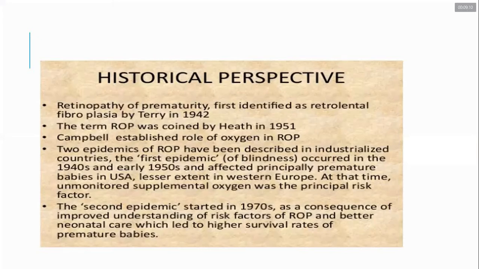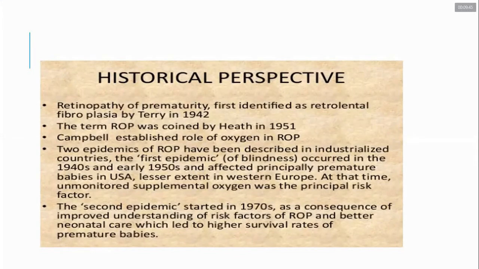The term ROP was coined by Heath in 1951, and Campbell established the role of oxygen in ROP. So two epidemics of ROP have been described in the industrialized countries. The first epidemic of blindness occurred in 1942 and the early 1950s, and affected principally premature babies in the USA, and to a lesser extent in Western Europe. At that time, unmonitored supplementary oxygen was the principal risk factor.